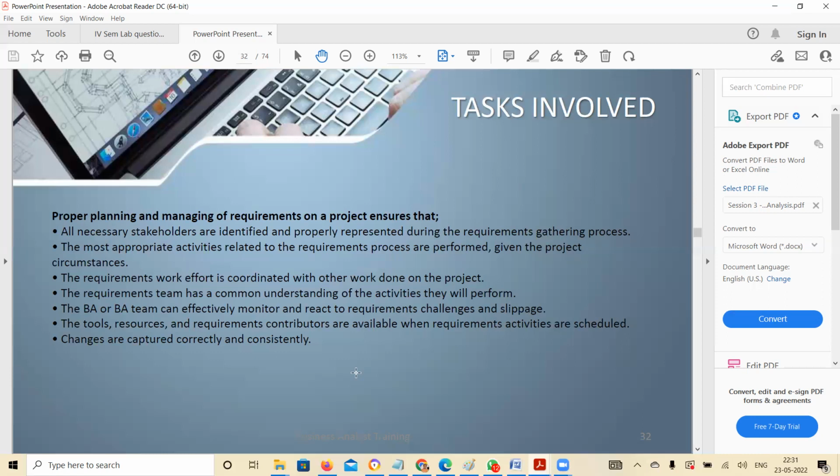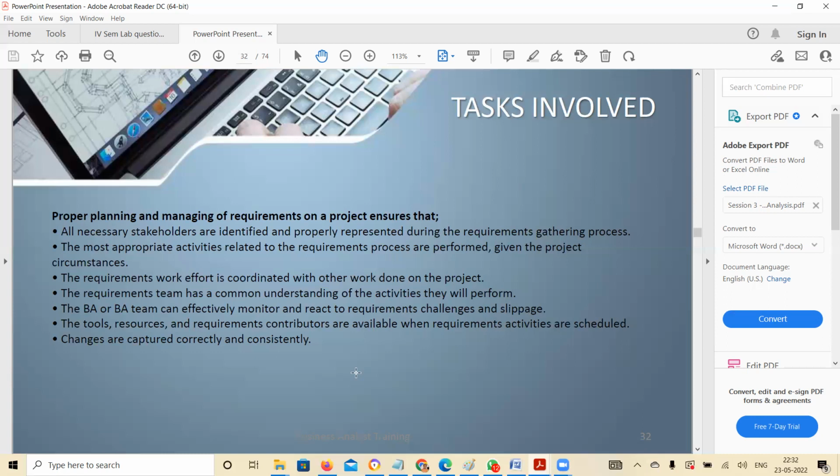If there are two BAs working on a project, both of you can do parallel tasks, so two activities can be done at the same time. So identify the other BAs who will work with you and understand the activities that you will be performing. So you have clarity of the activities and effort.